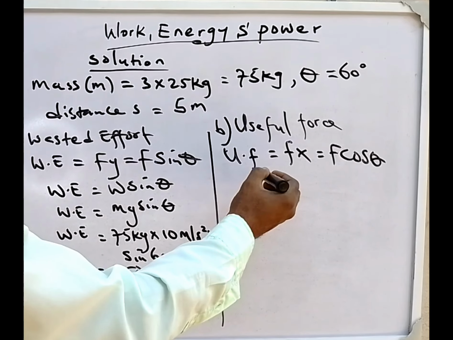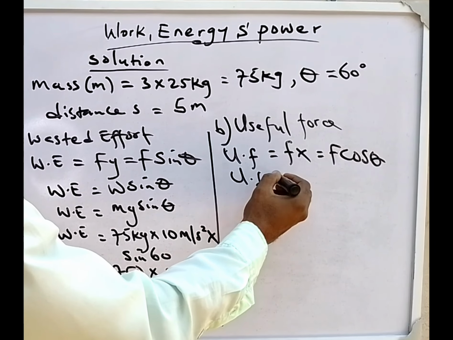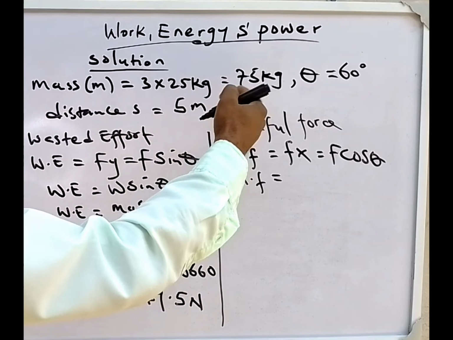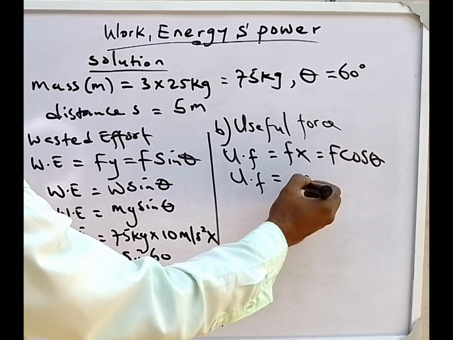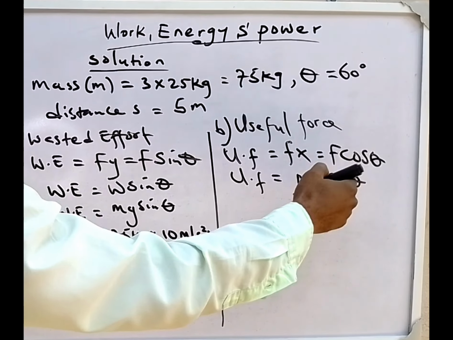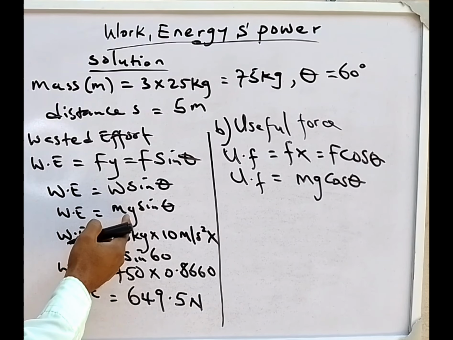So therefore, we can now write that useful force is equal to, this F represents the weight which we've treated before, so we can just write it as mg cos theta. We have already resolved it here to get that wasted effort is equal to mg sin theta.